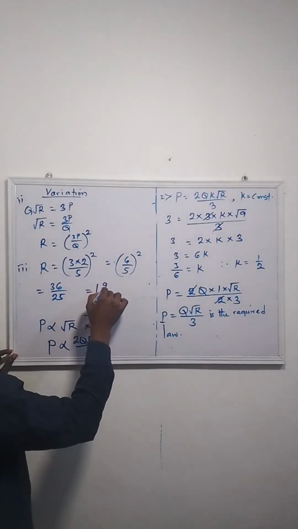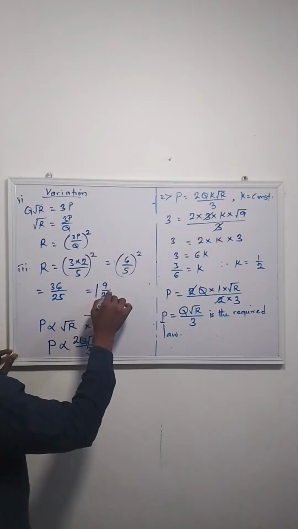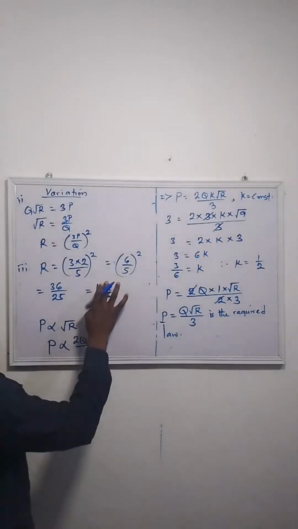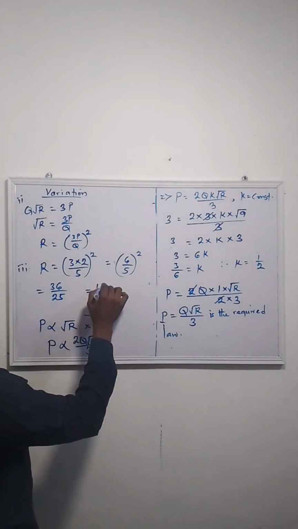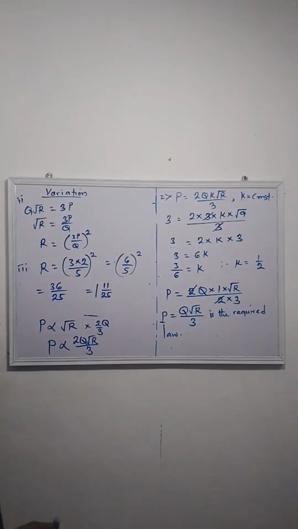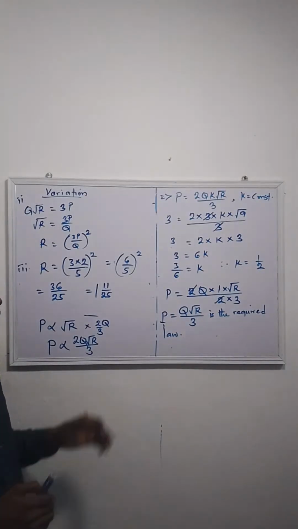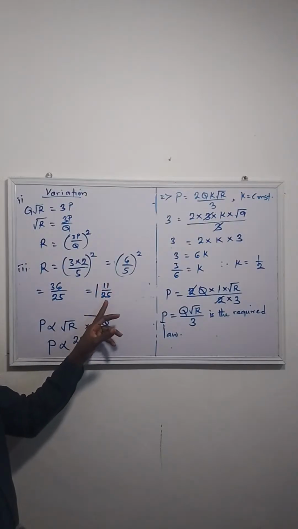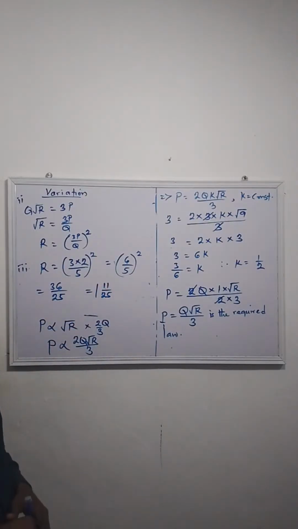Remainder 11. Okay, so that is 1 and 11 over 25 is the answer to that problem. So now we are done with the problem.